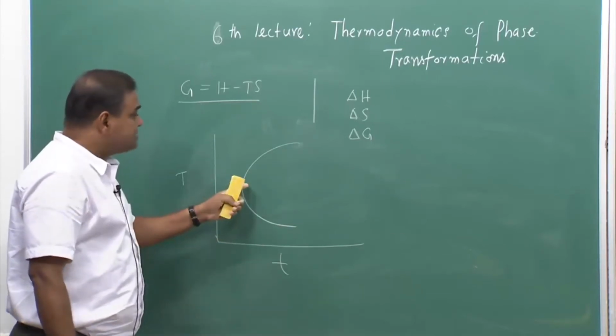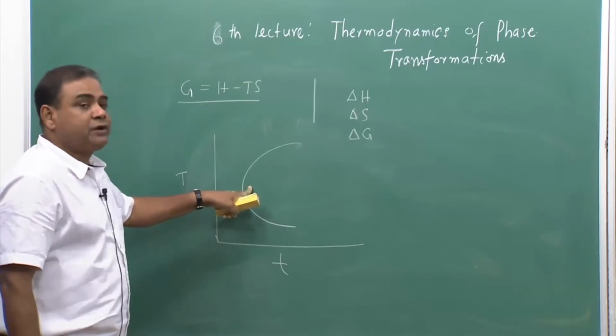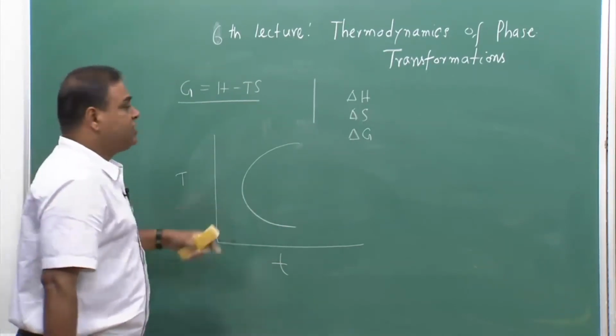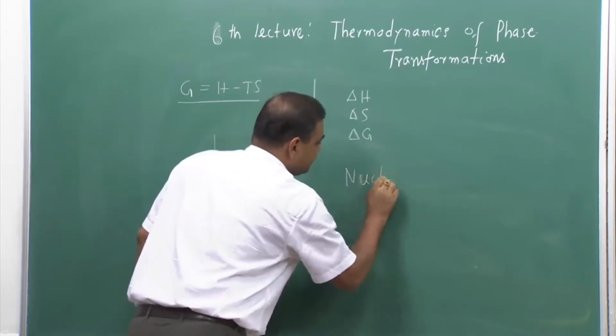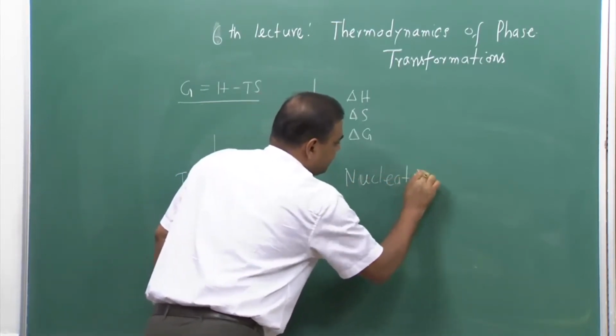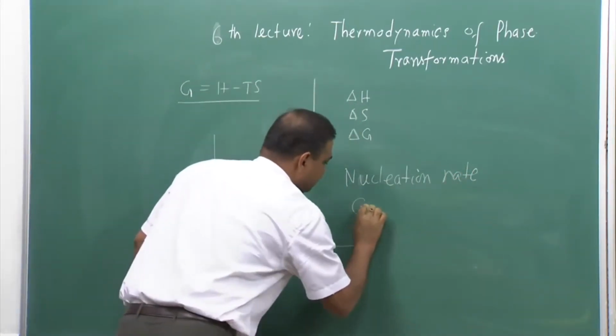And while calculating this TTT diagram, we would require information about nucleation rate as well as growth rate.